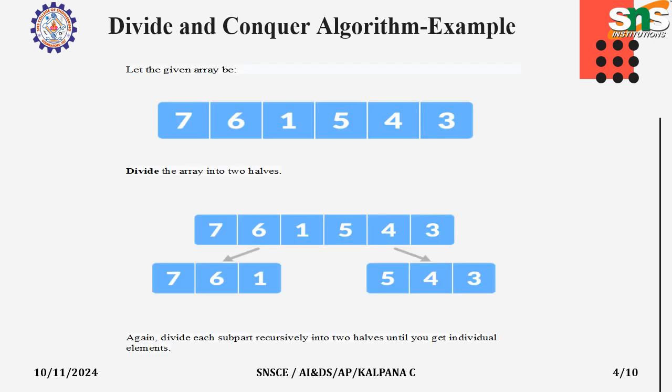Let's solve an example for the divide and conquer technique. So this is merge sort. We are going to apply the divide and conquer algorithm. Just remember the steps: divide, conquer and combine. This is our given array.